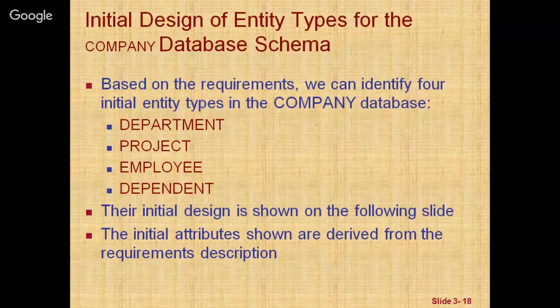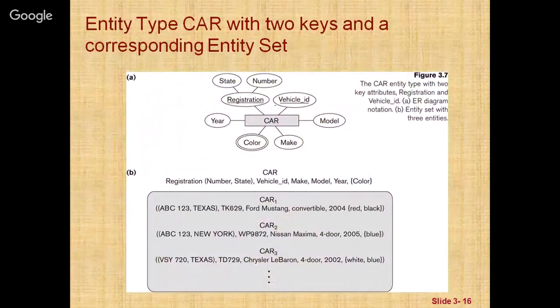You can see here, we underline it inside the oval. So if it's a key attribute, we underline it. Some entity types have more than one key attribute. So car has more than one key attribute, that is vehicle ID and registration.